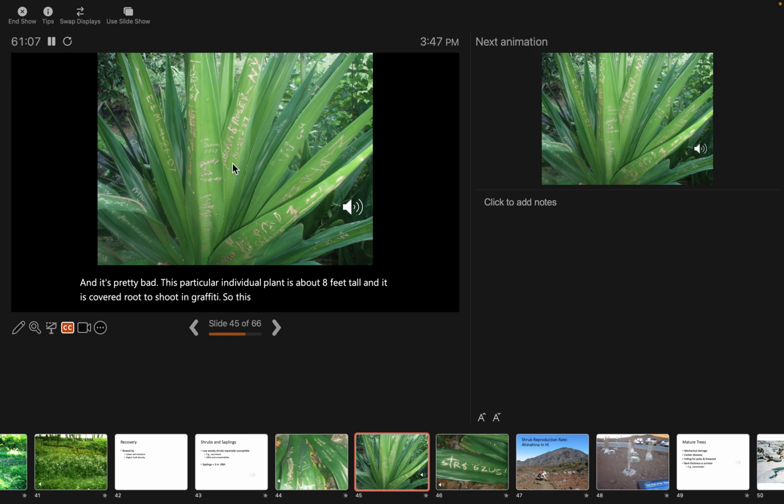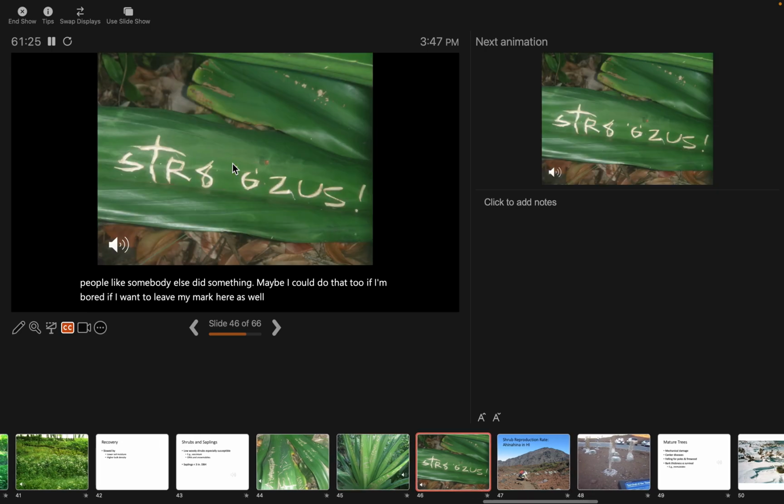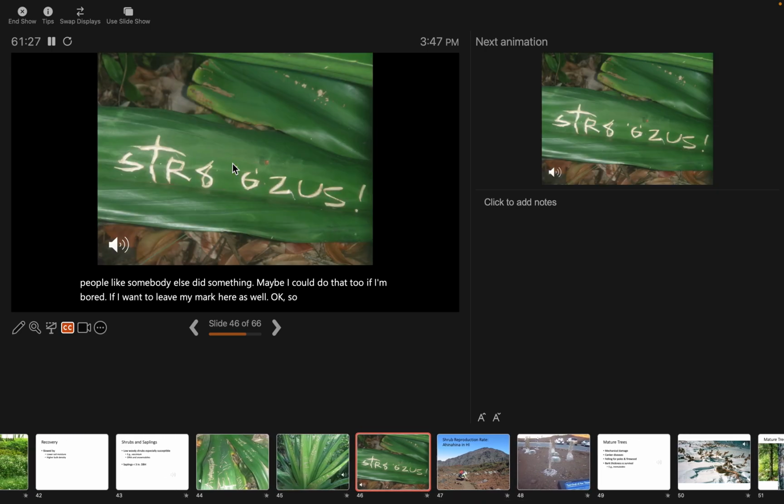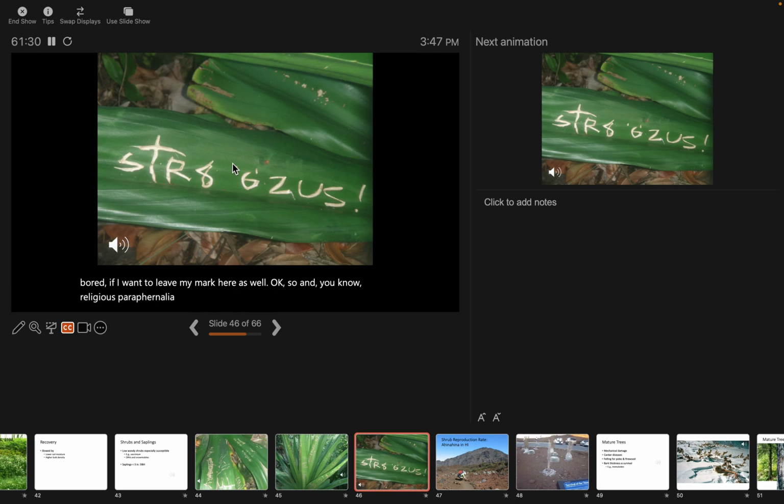So this is a good concrete illustration of what is a releaser cue. Somebody misbehaves, and that leaves a trigger or a signal for other people like, oh, somebody else did something. Maybe I could do that too if I'm bored, if I want to leave my mark here as well. Okay? And religious paraphernalia aside, that's a joke, this is pretty buck wild.